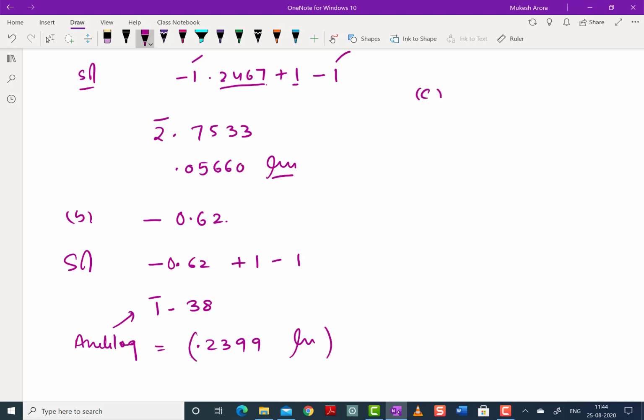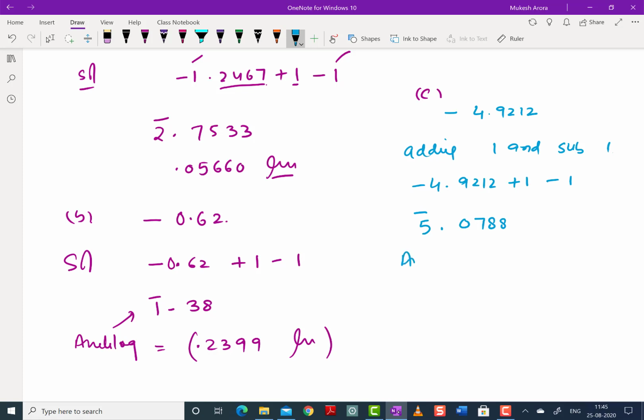C. Question C is minus 4.9212. So we will add 1 and subtract 1. It will be minus 4.9212 plus 1 minus 1. This will be 5 bar point 0788.